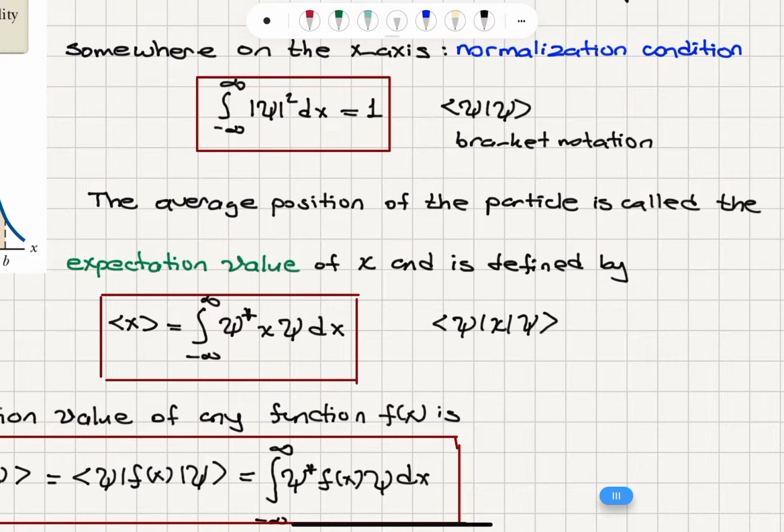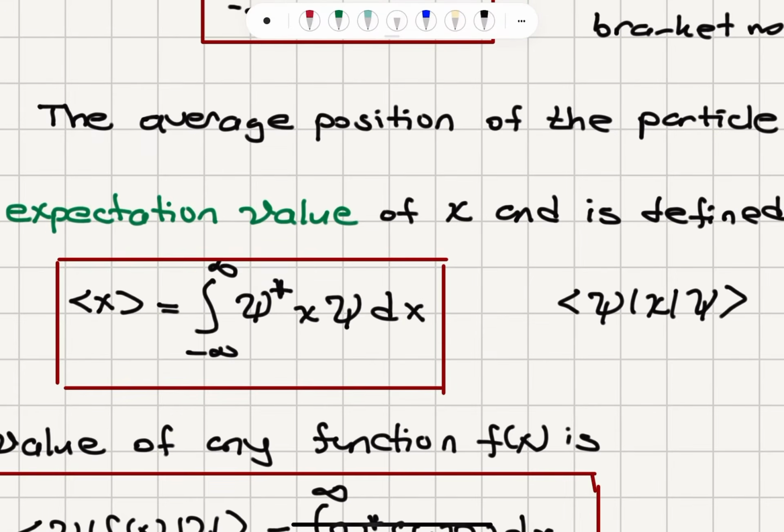Now, what is the average position of the particle? The average position of the particle is called the expectation value of x, and it is defined by the integral over all possible x values of the probability density function multiplied with x. But this is basically psi star, the complex conjugate, x, psi dx.